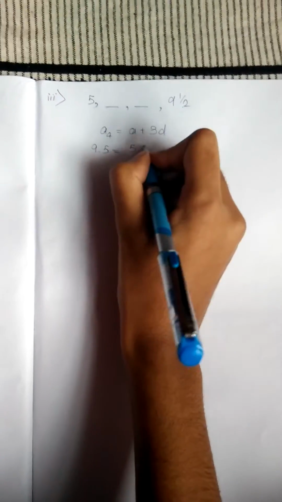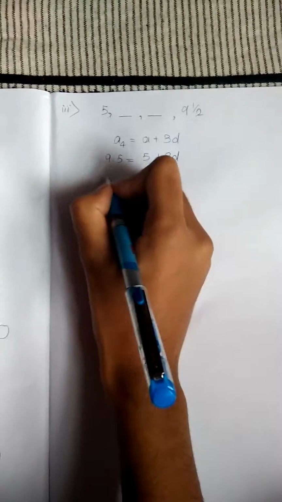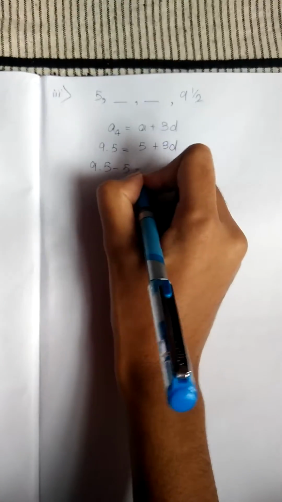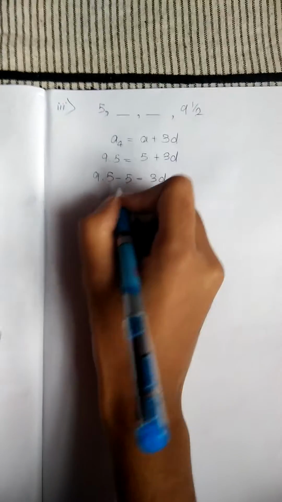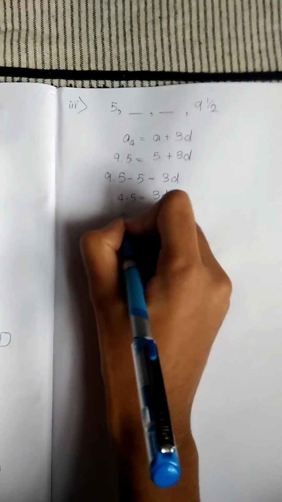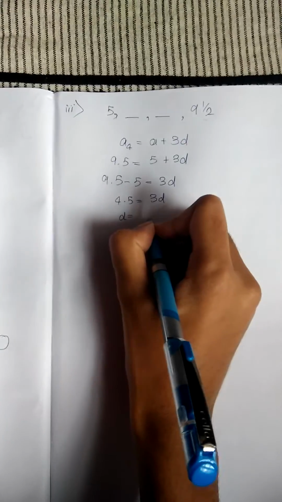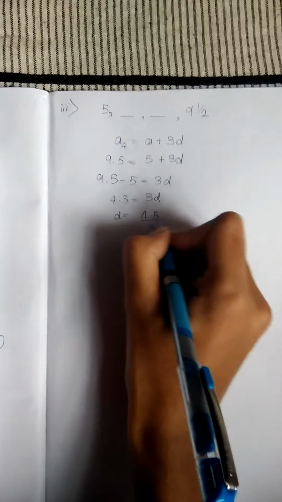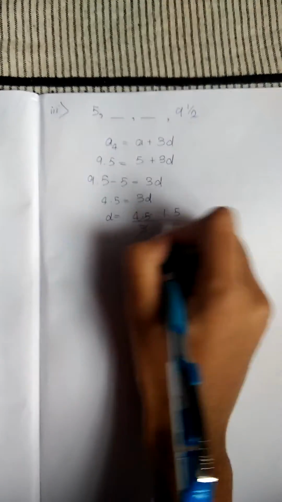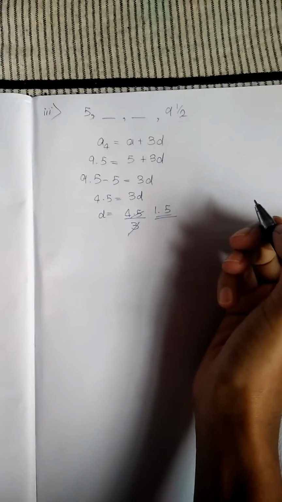And a I know as 5, plus 3d. 9.5, I will take this 5 to the left hand side, minus 5 equals 3d. 9.5 minus 5 gives me 4.5 equals 3d. d equals 4.5 by 3. 3 ones are 3, 1.5. So I know the common difference as 1.5.